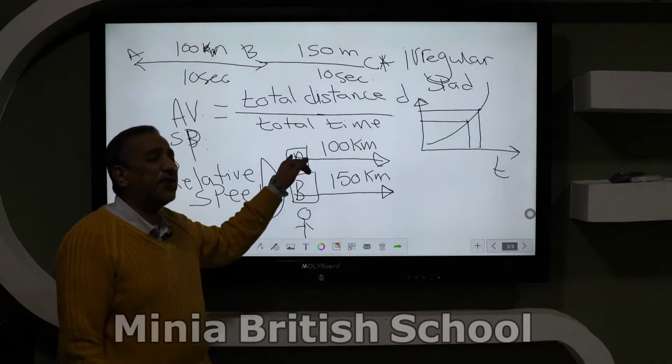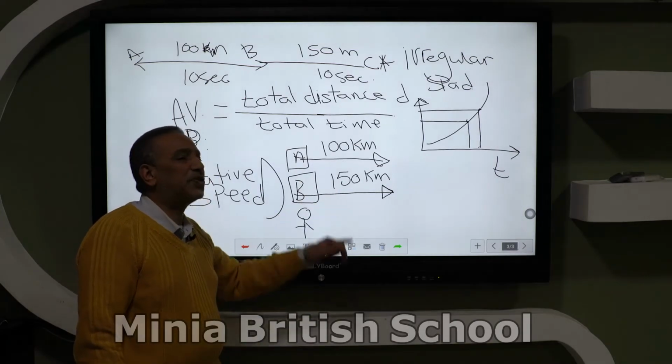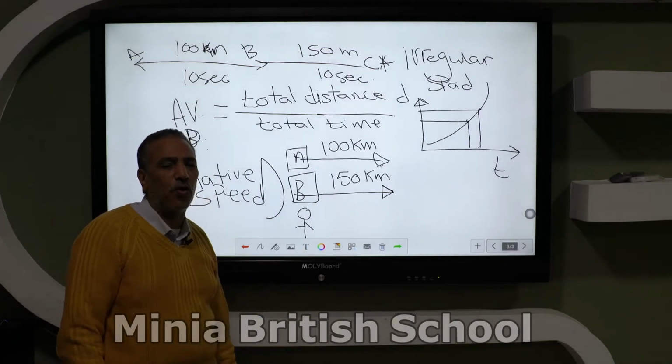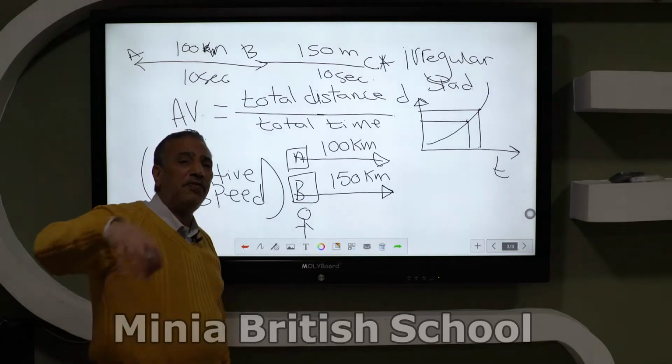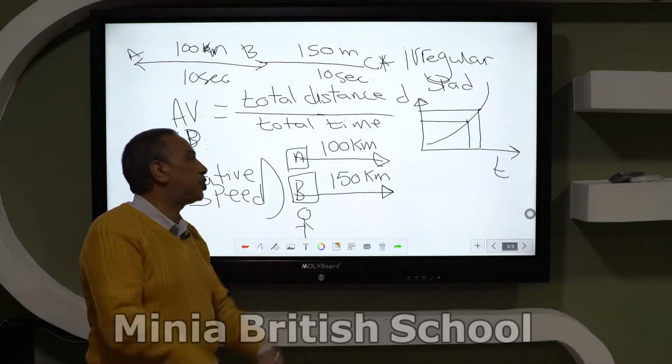He will see that the first car is moving with 100 kilometers per hour and the second car with 150 kilometers per hour. That means if he is on the side of the road, he will see each car with its own speed.